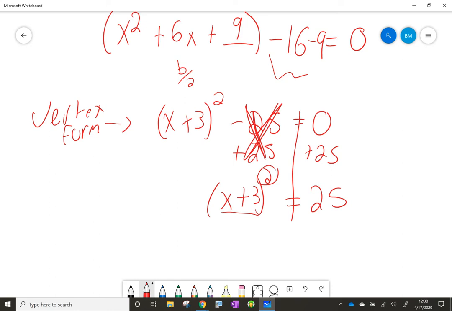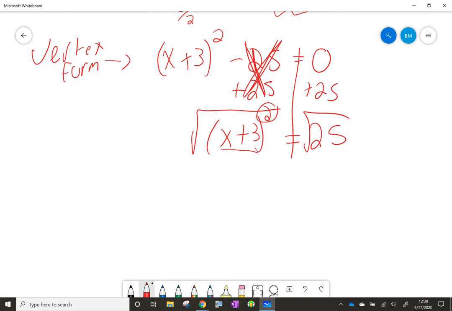The opposite of squaring something is to square root something. So we're going to square root both sides. When I square root the left side, it just cancels out the squared. So the x plus 3 remains unchanged, but now it won't be squared anymore. It'll just be x plus 3.